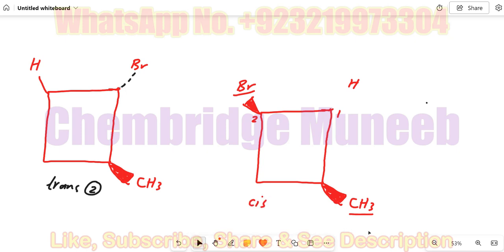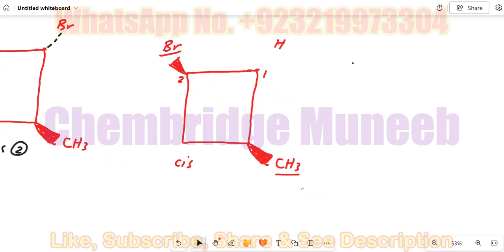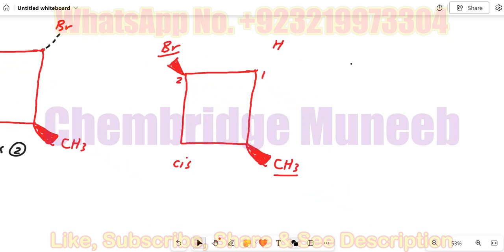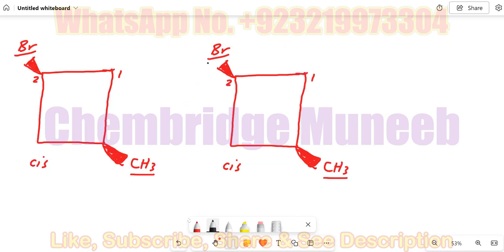Now I have to draw another product of this. So I can count this product as a third isomer. Now again I have the same product, and as we showed the hydrogen atom at this position, now I'm going to show both of these bonds as into-the-plane bonds.